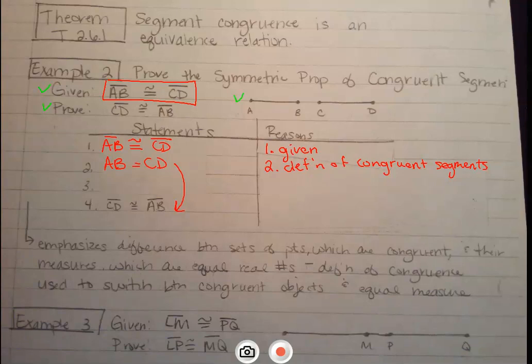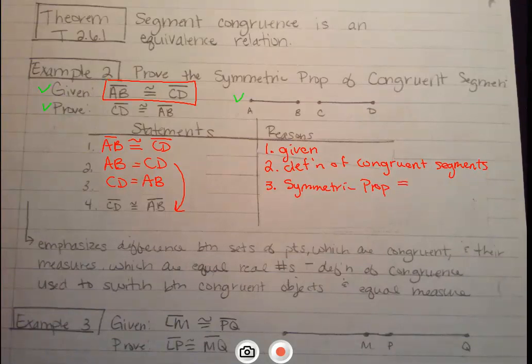Symmetric it? We symmetric it. Sure. That's a verb now. So what does that mean to symmetric it? CD equals AB, which, since we symmetric it, is the symmetric property of equality.